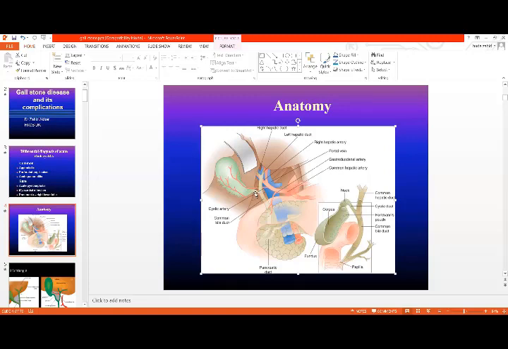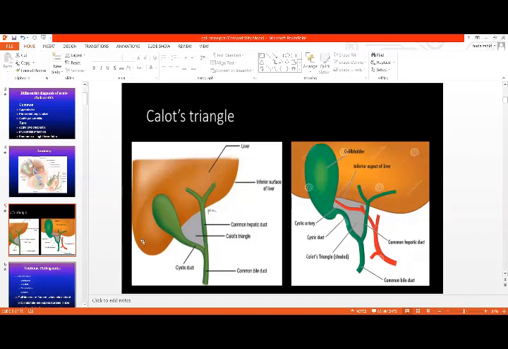Now the Calot's triangle, we'll come to that in a minute. I'll show you in the next diagram. Now look at that Calot's triangle. Can you see this is the common hepatic duct? That's the left and the right duct; it becomes the common hepatic duct.